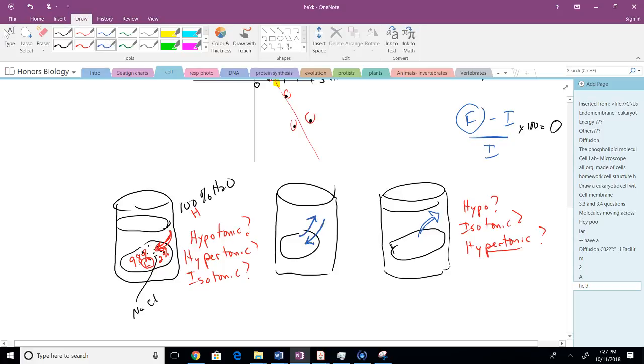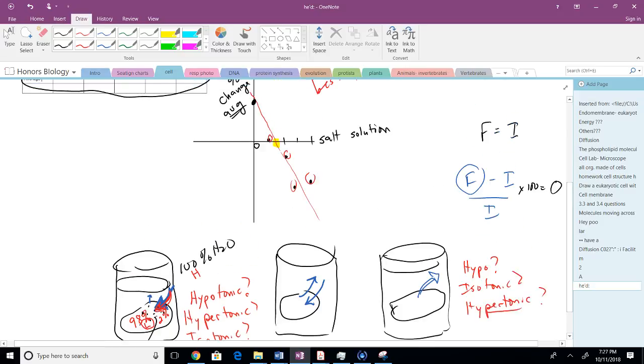So let's recap. In the 100% distilled, we know that water goes overwhelmingly into the potato. A little tiny bit goes out, but overwhelmingly goes in. There's one that is equal where it crosses the x-axis, and then all of these where the water goes out of the potato.